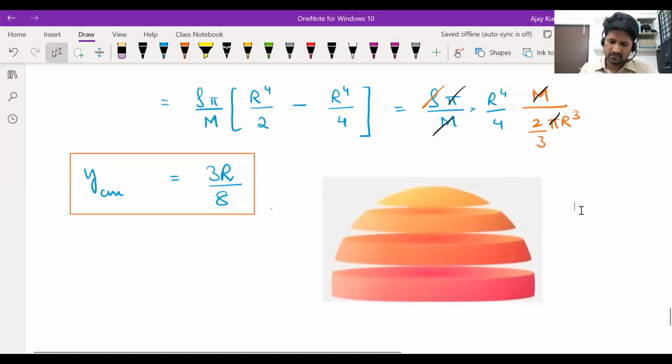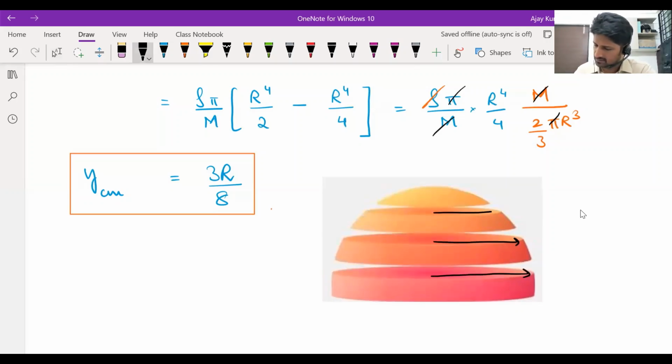Okay, each disk has its own radius. Bottommost disk has a large radius. Next disk has a slightly smaller radius. Third disk has even smaller radius, and so on. There are infinite such disks. Now, this is one idea. We can treat it as a collection of disks and solve.